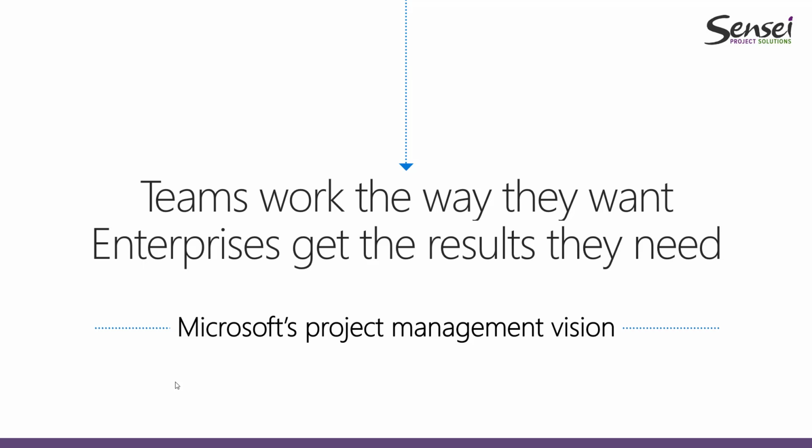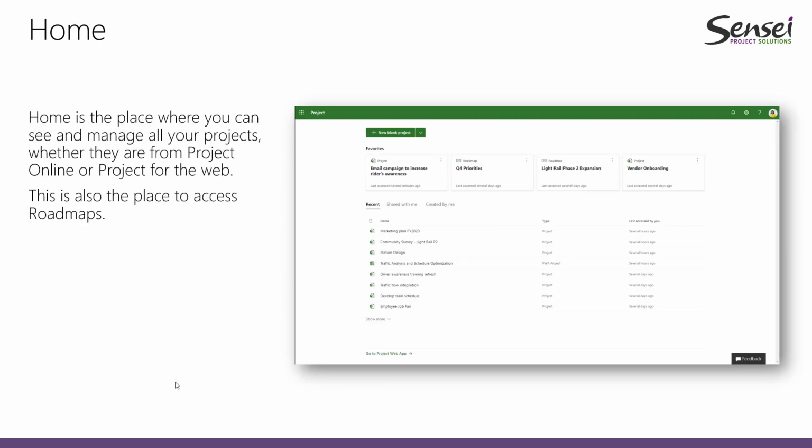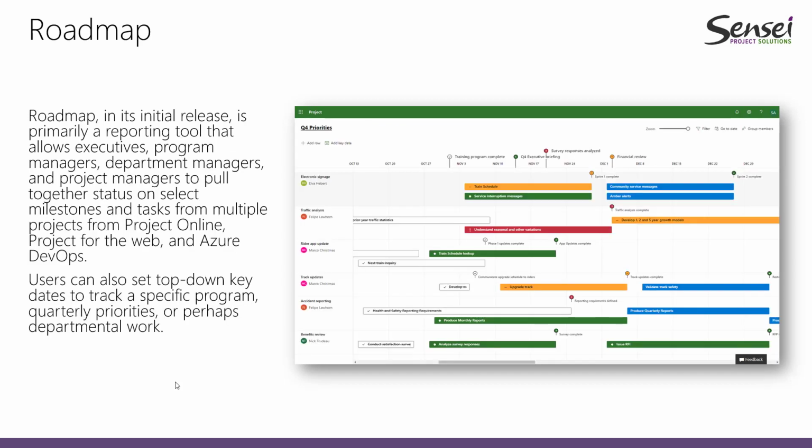The new tools from Microsoft started launching roughly a year ago with Home, then Roadmap, and now Project for the Web. Home is where we access all projects and roadmaps. Roadmap is a powerful visualization of priority work in the organization.